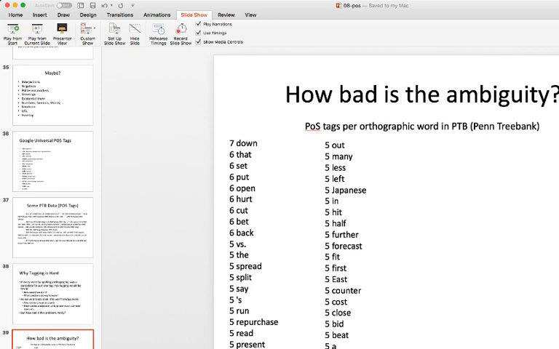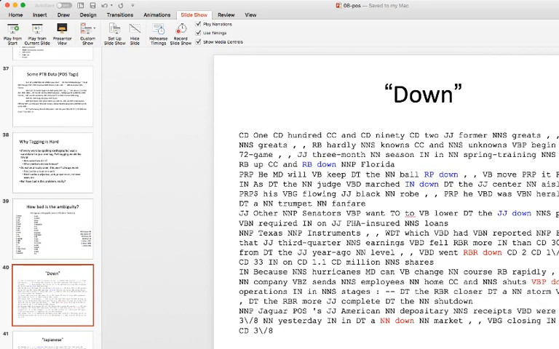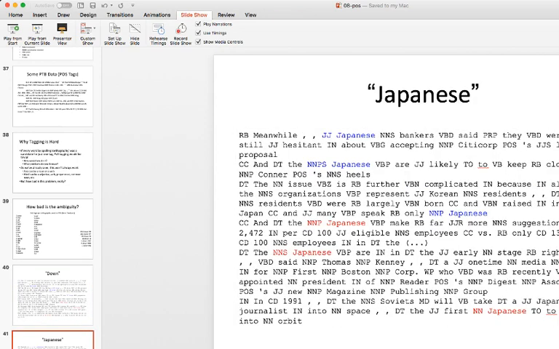If you just look at down, there are 317 instances where it's an adverb, 200 where it's a different kind of adverb, 138 where it's a preposition, 10 where it's an adjective, 1 where it's a verb, and so on. So it's pretty ambiguous. Here we see examples of down with different parts of speech, and Japanese even, with 3 different parts of speech.